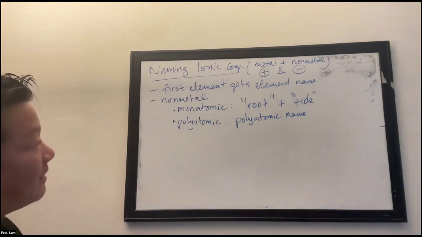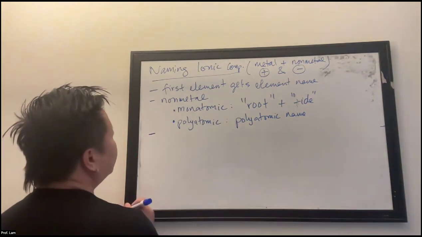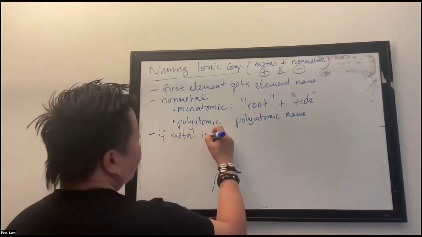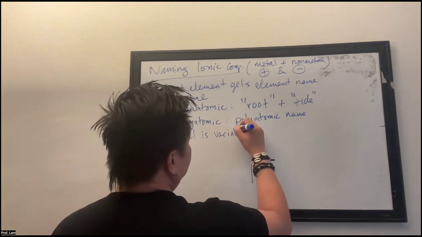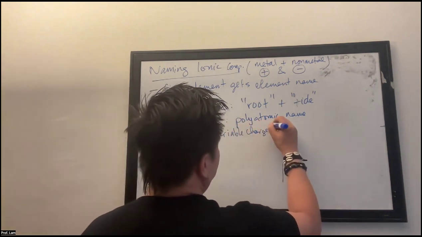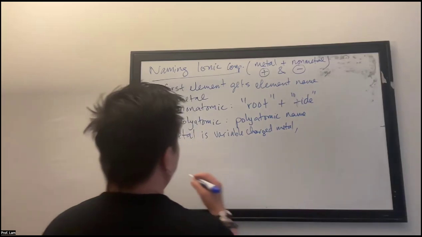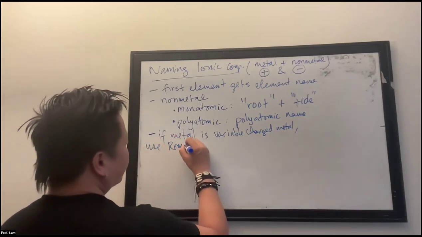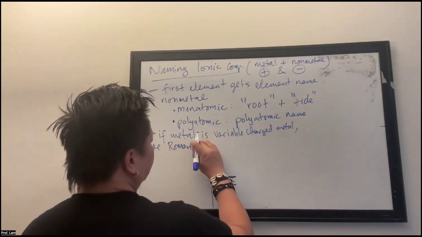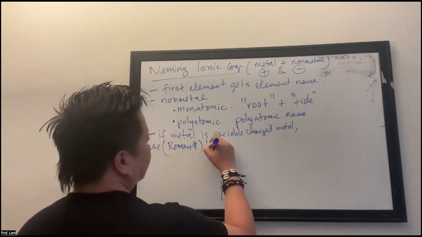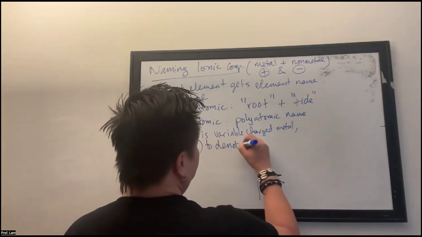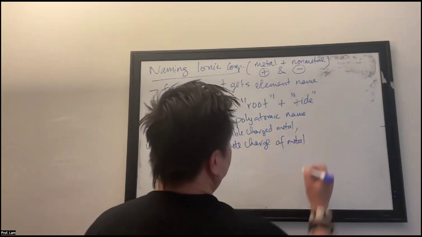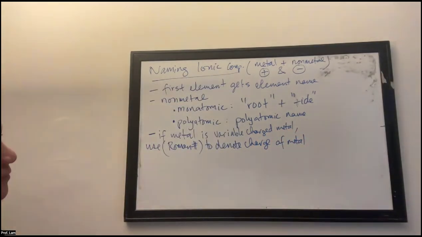Okay. One more rule. If the metal is a variable charge metal, you're going to use Roman numerals in parentheses to denote the charge of the metal. Okay.